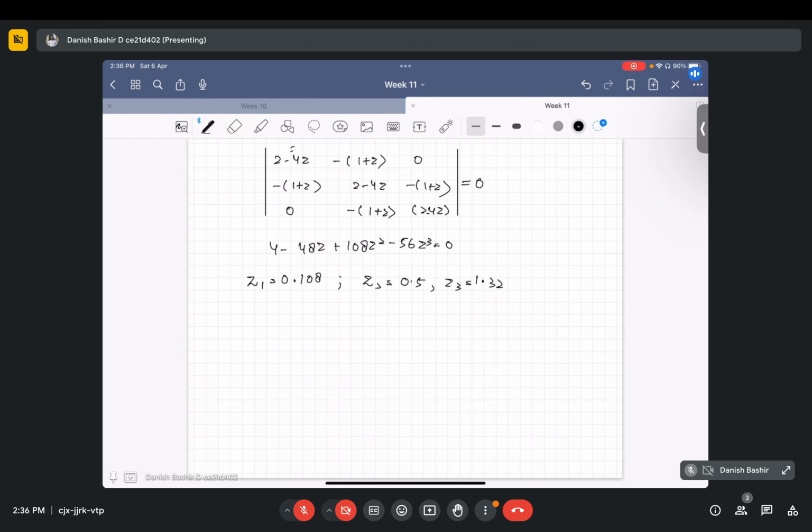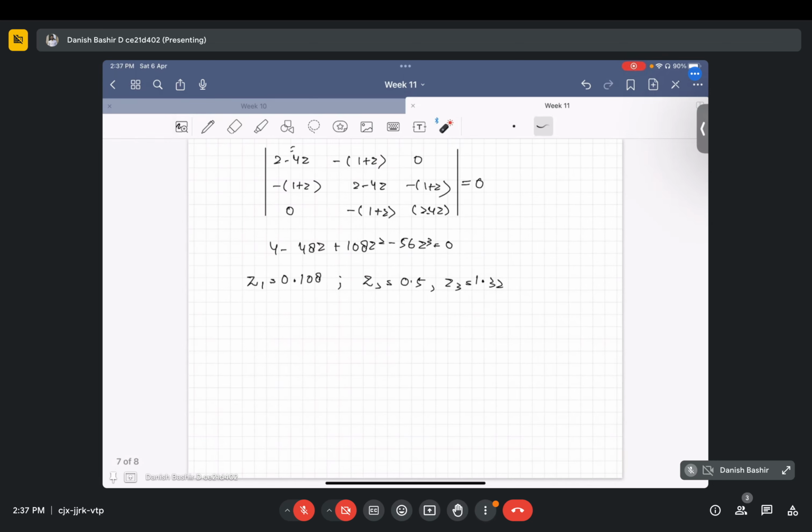These eigenvalues give us the buckling modes. The lowest eigenvalue will give the first buckling mode of our column, the second eigenvalue will give the second buckling mode, and the third eigenvalue will give the third buckling mode. Since we have to see the lowest root, it corresponds to the first buckling mode, and from that we get our P critical, or the buckling load.